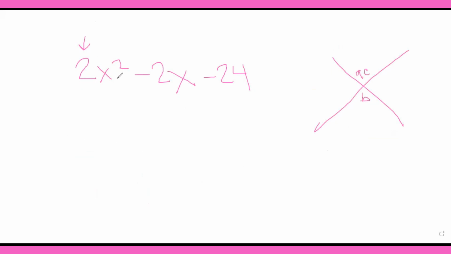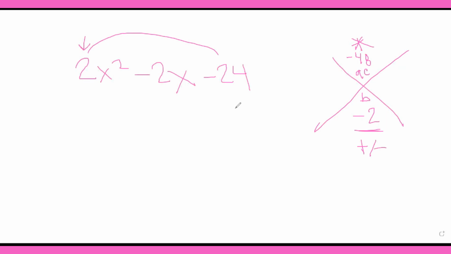My a term is 2. I'm going to take 2 times negative 24, that would be a negative 48. And then my b term is negative 2. So I need two factors that multiply to get negative 48 and add up to negative 2.